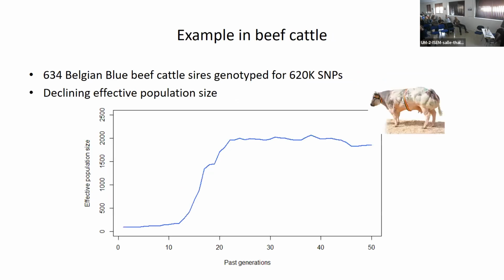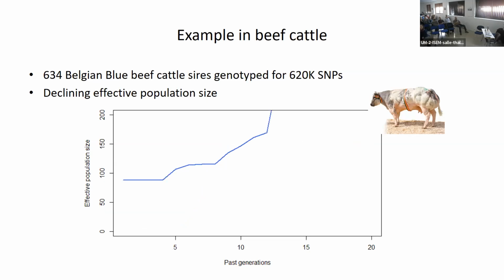And so I illustrate this in Belgian Blue cattle, where we have 600 sire genotypes for 600,000 markers. I show you first the effective population size to understand the data. So it has been declining in the last 10 to 15, 20 generations. And here is a zoom just to say that in the last generations, it's around 100.